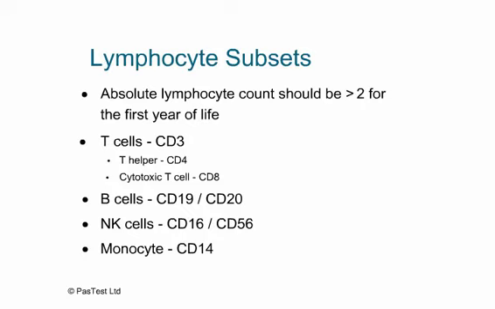So we've already mentioned that there's usually a bit fewer lymphocytes than there are neutrophils, and there's usually more T cells than there are B cells. Usually approximately a 2-to-1 ratio, but that's highly varied. Usually the NK cells will be less than 10%. The CD4 to CD8 ratio should be approximately 2-to-1.